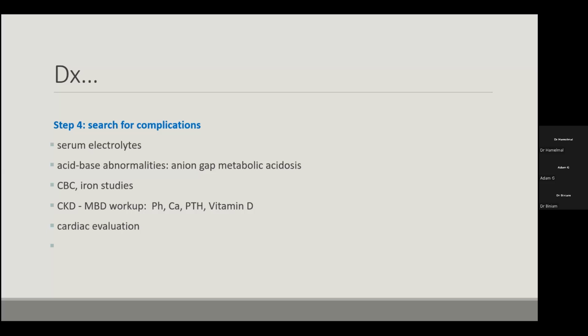By CKD MBD, we mean it's not actually a bone disorder, rather it's a biochemical disorder of phosphorus, calcium, and PTH abnormalities. Treating biochemical CKD MBD will result in lower cardiovascular mortality and fewer bone abnormalities.